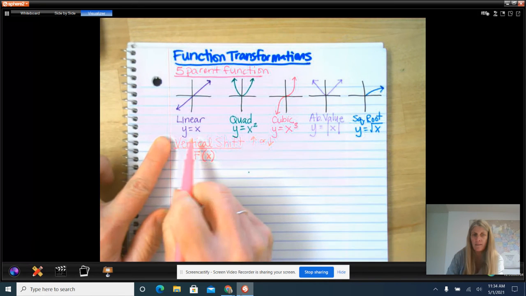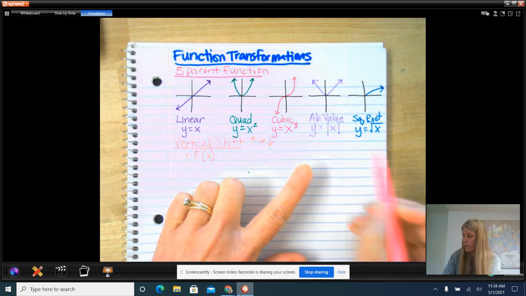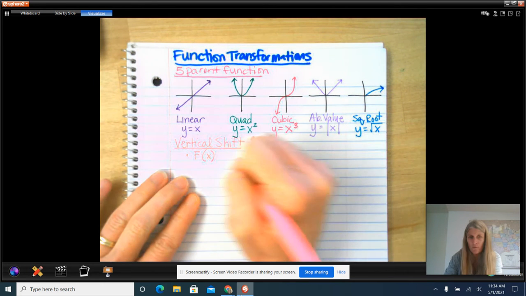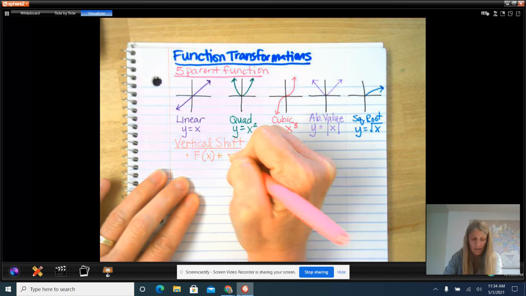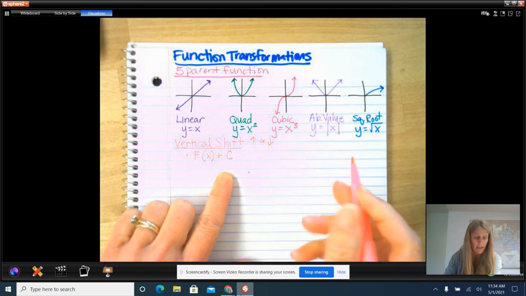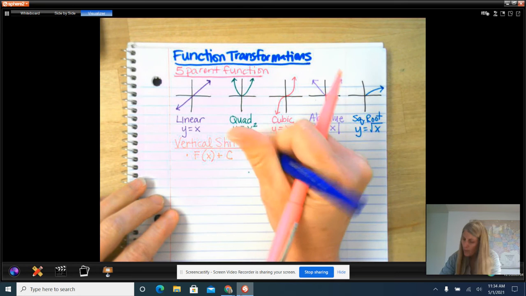So your f of x is, for a line, y equals x. For your cubic, it's y equals x to the 3rd. For your square root, y equals the square root of x. And then on the outside of that, we are going to add c.